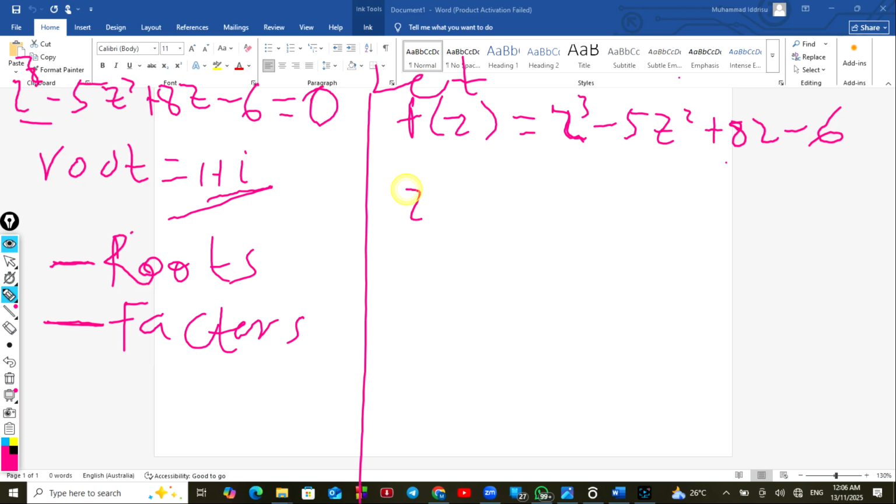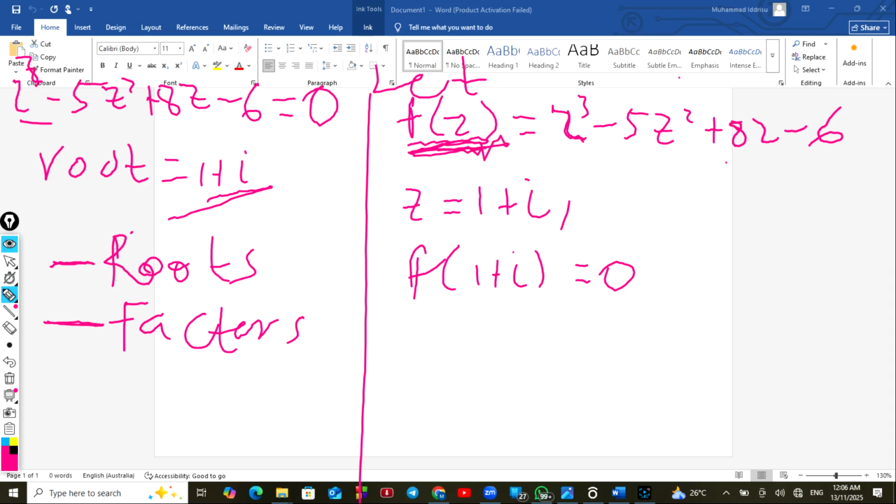That means that z is equal to 1 plus i makes f of z equal to what? 0. So in other words, f of 1 plus i is equal to 0. That's what we are told. By comparison, if we compare it to what we have at the top there, you see that z is equal to what? 1 plus i. And that's what we have here.